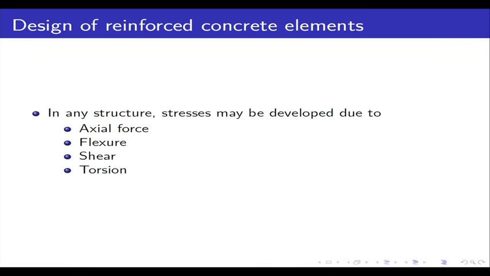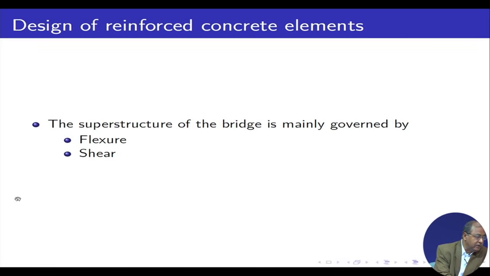If you consider a slab, it is mainly governed by bending only, whereas in column type of structures you will find axial force and bending. Torsion we generally do not design for directly, rather we take the effect of torsion in bending and in shear.